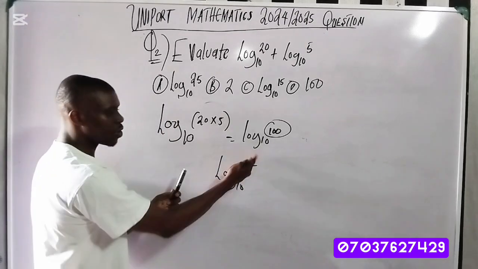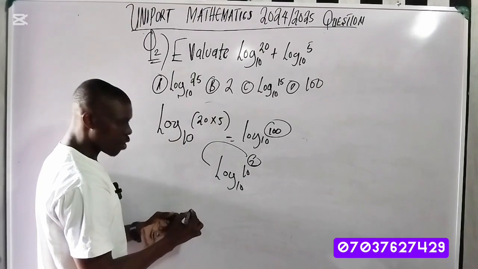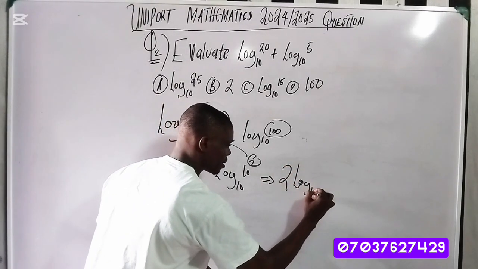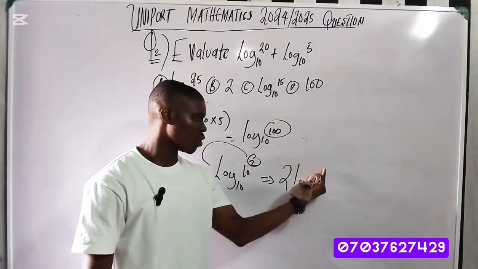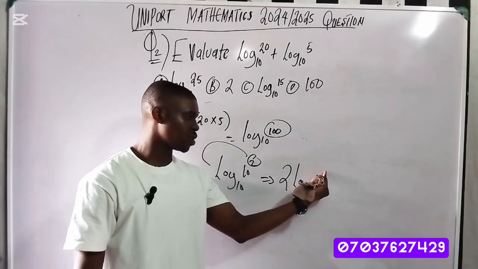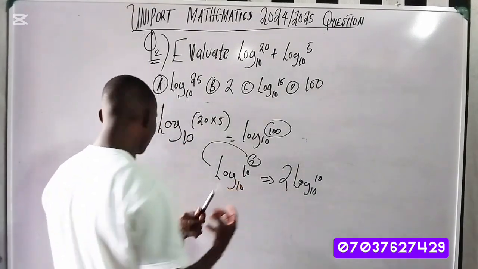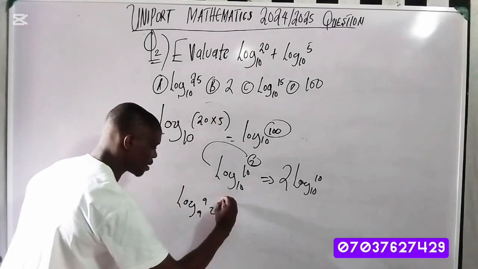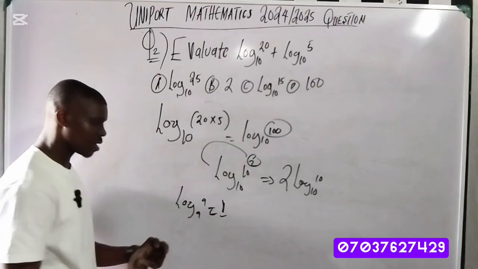Now this is called an index. This index will come down here, and what are you going to get? You're going to get 2 log 10 of 10. Now, log of a base with the same number is going to be 1. Just understand that in logarithm, log_a of a is 1.